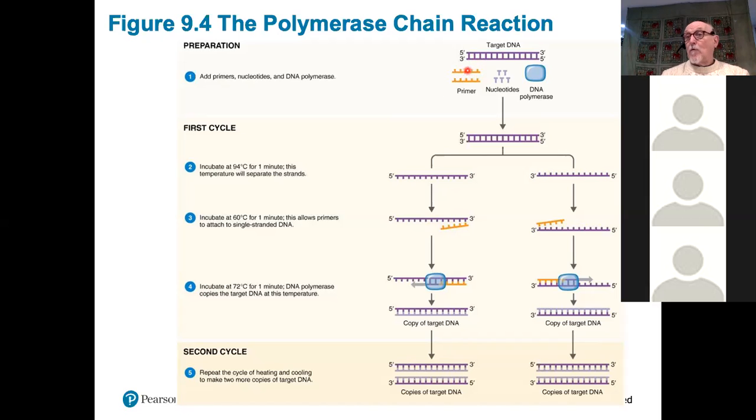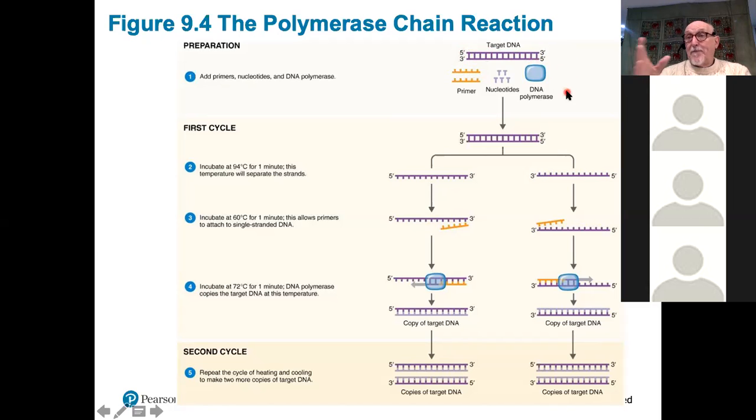So first of all, we do have to do the research. We have to know the DNA sequence on either side of the gene that we're interested in. But once we know it, we design primers. We design an RNA strand that will stick there, and stick down here. That RNA primer will allow our Taq polymerase to work and to duplicate the strand in that direction and that direction.